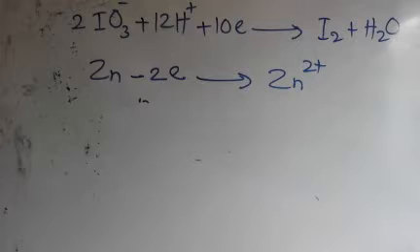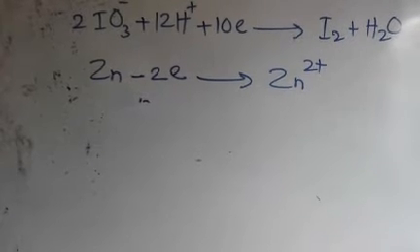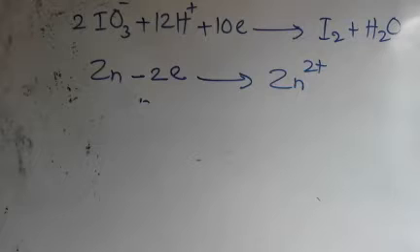Page 109, the second question, part B, is this. It says the 2 half reactions are given. Here 2 half equations are given, so that we are told to write the balanced chemical equation using this.